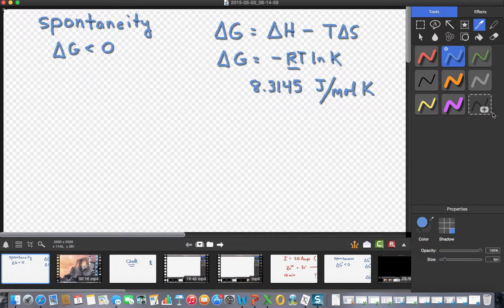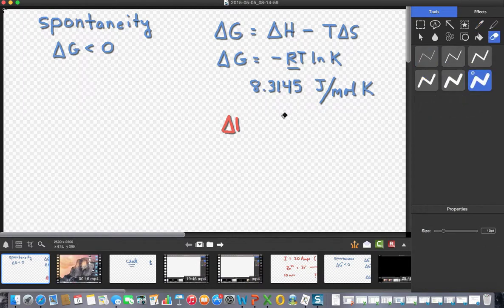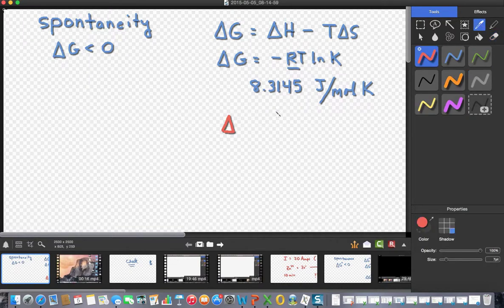There is, however, a third function for delta G, and this relates to electrochemistry. We are going to express delta G as a function of electrical potential. So delta G is equal to minus N F E standard state.